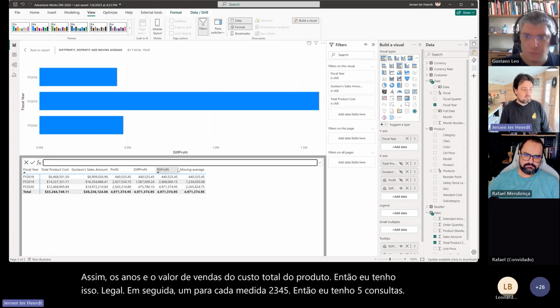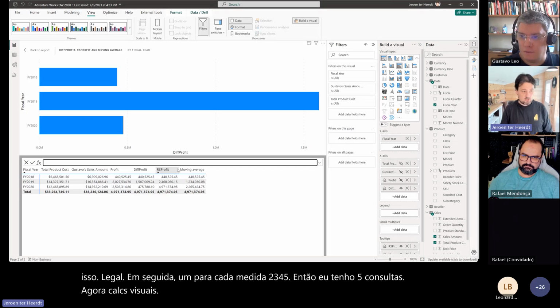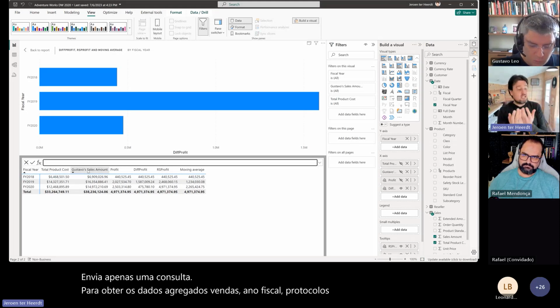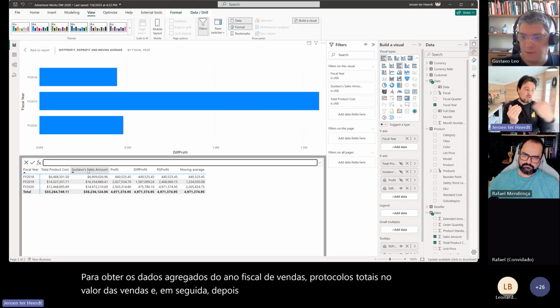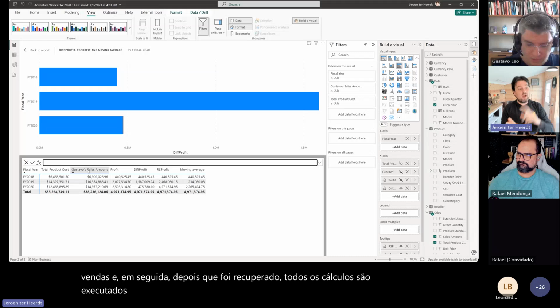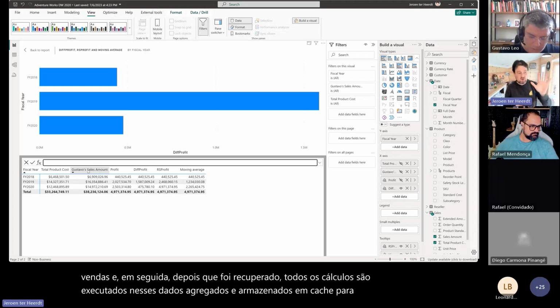Now, Visual Calcs, because they are not measures, only send one query to get the aggregated data: fiscal year, total product cost, and the sales amount. And then after that has been retrieved, all the calculations are executed on this aggregated and cached data. So you only have one query to the source and not 5.